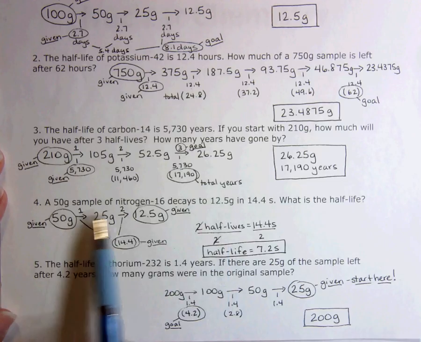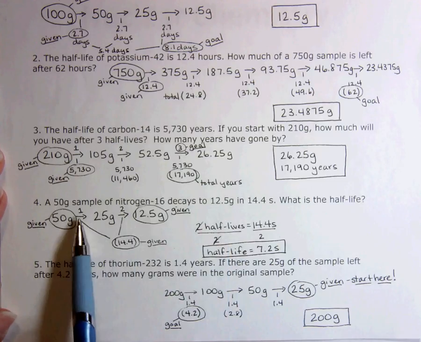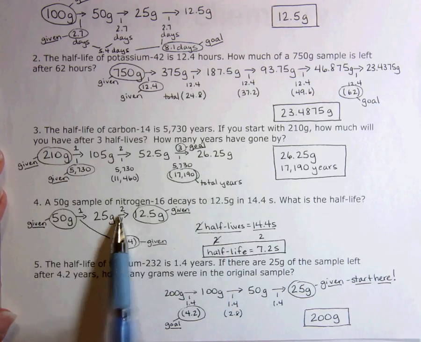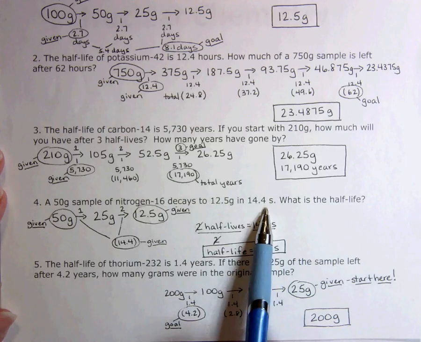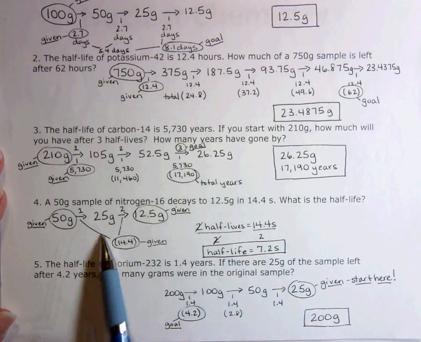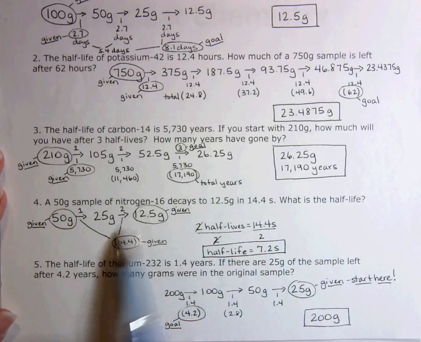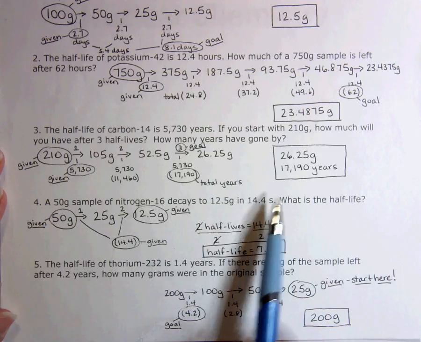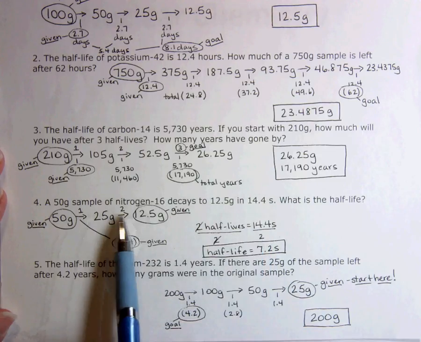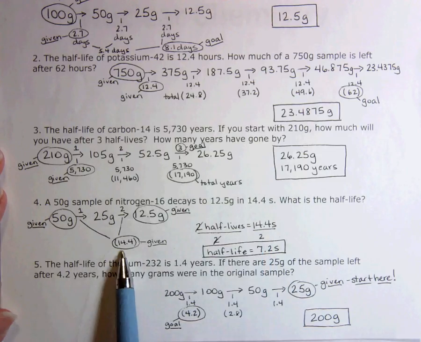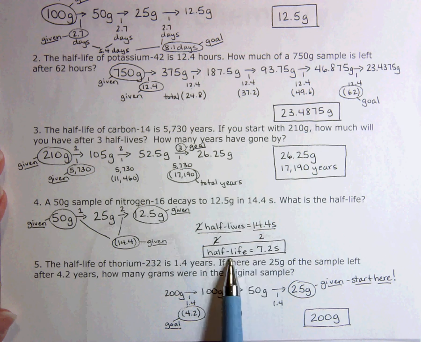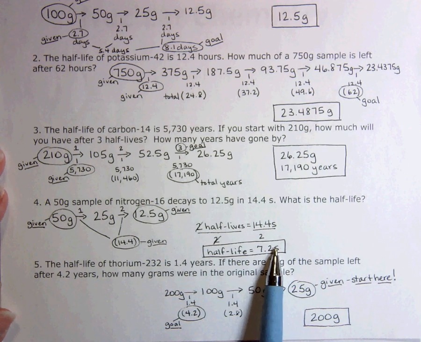So it took me 2 half-lives. And because it took 2 half-lives in a total amount of time of 14.4 seconds, I know that these 2 amounts of time have to add up to 14.4. So I take that total amount divided by the 2 half-lives that I know it took me to get there, and I get a half-life of 7.2 seconds.